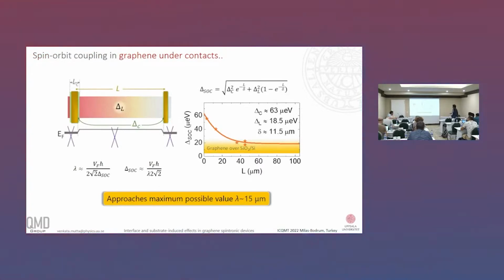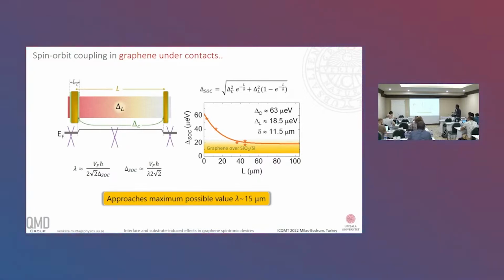length. So what we tried to do is to make an empirical model to take the spin orbit coupling below the contact and in the bulk of graphene, different kinds of values for spin orbit coupling, and try to find an effective value using this empirical model. And for different lengths of separation, we tried to calculate the spin orbit coupling from the experimental values of lambda.